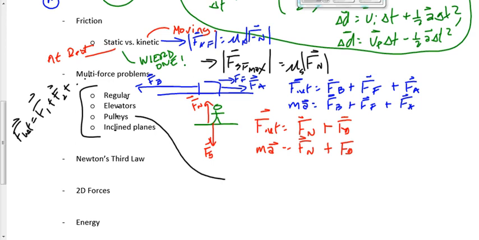In a pulley problem, maybe it looks something like this. We'll say that there's a 10 kilogram object here and a 12 kilogram object here and a 5 kilogram object here. Let's say that there's a force of gravity acting down here.